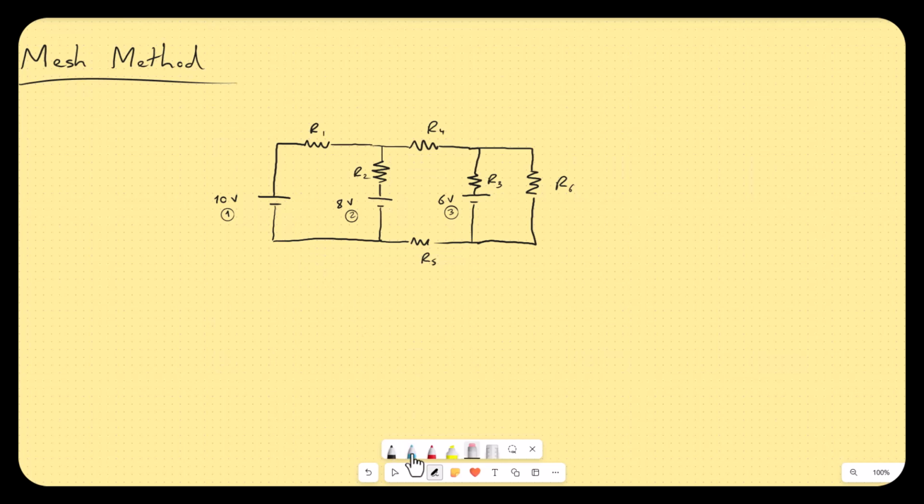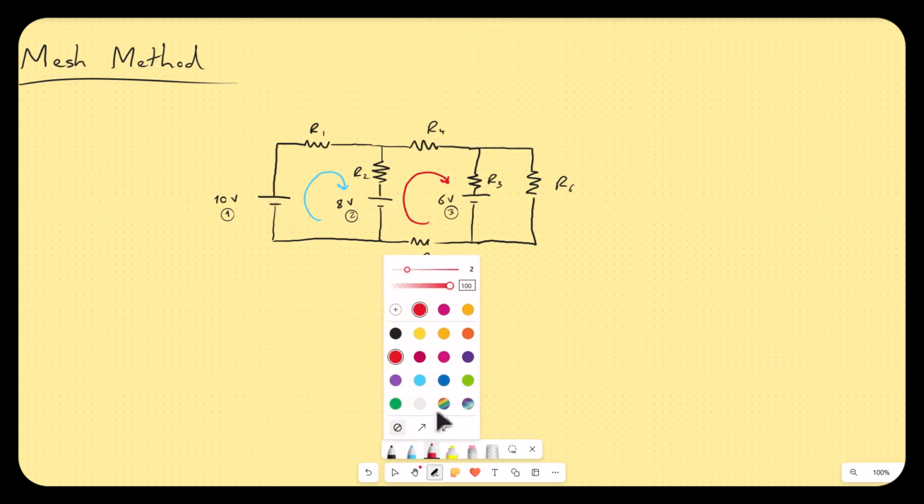So for this mesh method, what I want to do is look at complete loops and just draw in quick currents. So I'm going to go right here, say here's a loop. Go here in the middle and say here's a loop, and then I'm going to go on the end and say here's a loop.